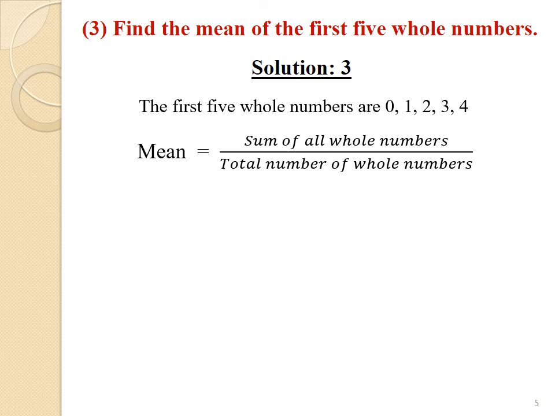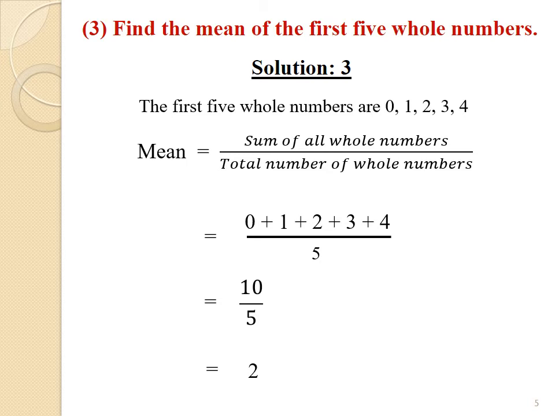Now, adding 0, 1, 2, 3 and 4 and dividing it by 5, we get 10 upon 5. Now, dividing 10 by 5, we get 2. Thus, mean of first 5 whole numbers is 2.